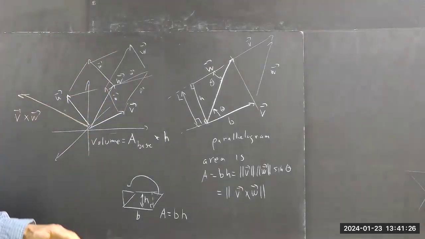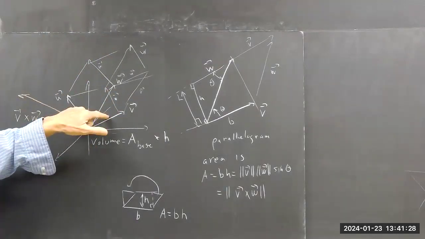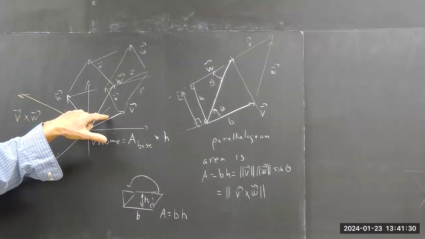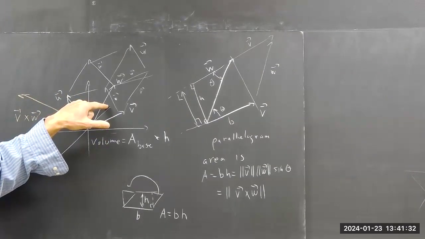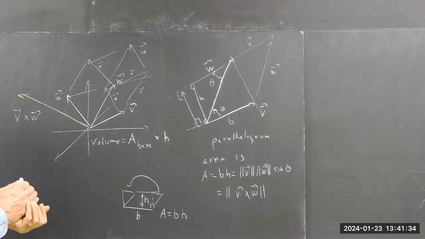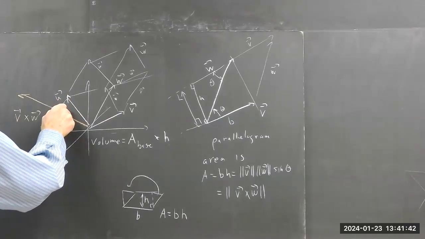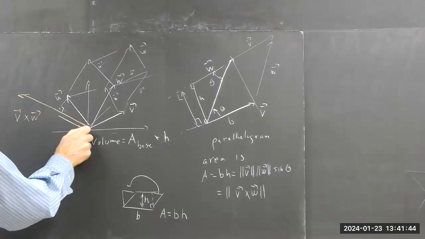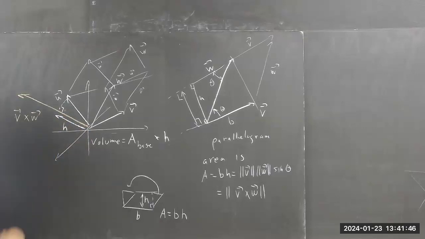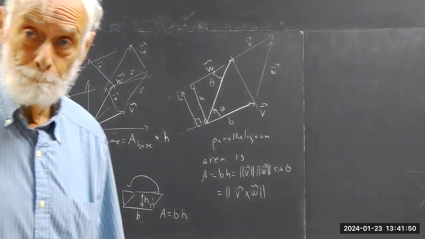Okay, meaning it has to be measured perpendicular to the plane of V and W. Well, V cross W is perpendicular to the plane. And it follows that the altitude is just this.